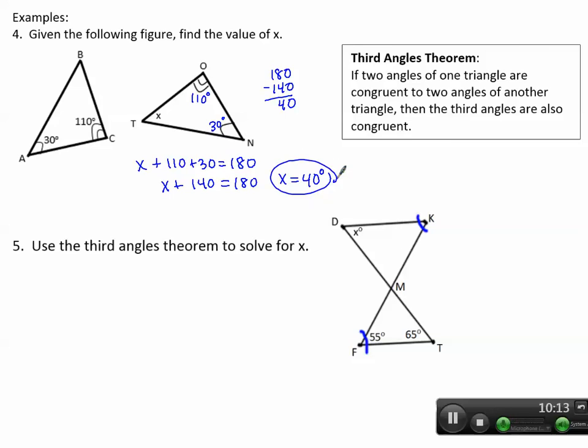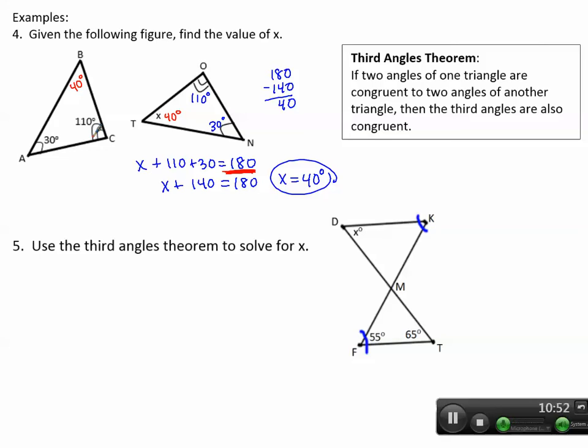Notice that these two angles say 30 and 110, and these two angles that had the congruent marks now say 30 and 110. And in any triangle, no matter what, the angles always have to add up to 180 degrees. So instead of having to transfer these angles over to here, if I know that two angles are congruent to two angles in another triangle, then the third angles in this triangle would both have to be 40 degrees because they all have to add up to 180 no matter what.